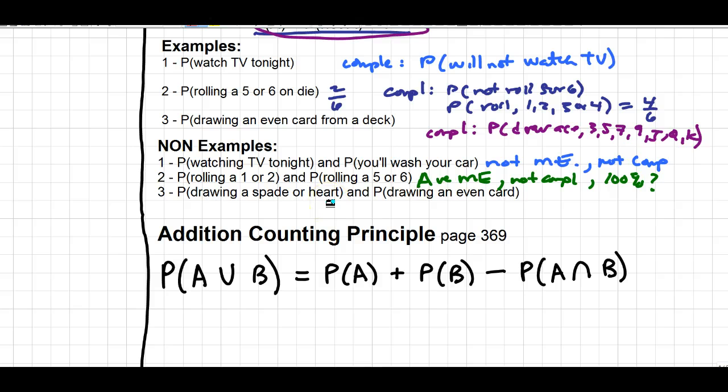For sure there could be some overlap here. You could draw an even card that's a spade or a heart, and so that's not mutually exclusive. Therefore, it would not be complementary either. Plus, there's all these other cards that have not been accounted for, like drawing an odd-numbered diamond would not be included in this list, and we need to have all the possibilities accounted for.